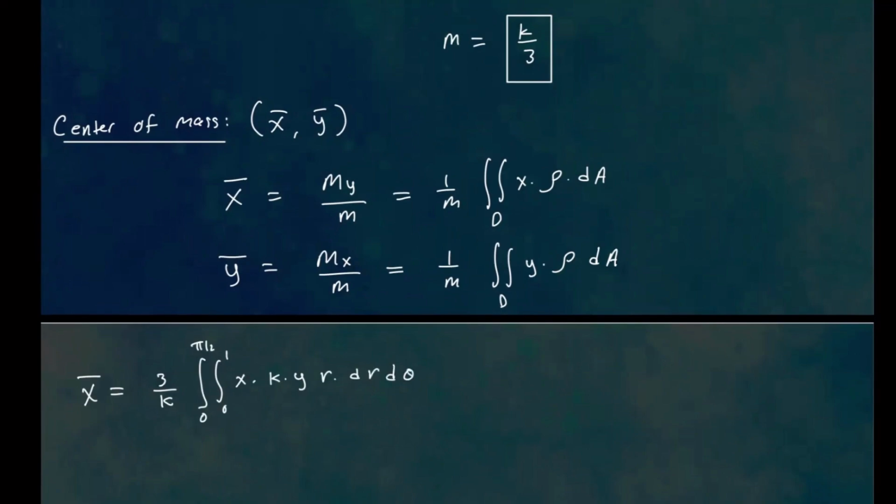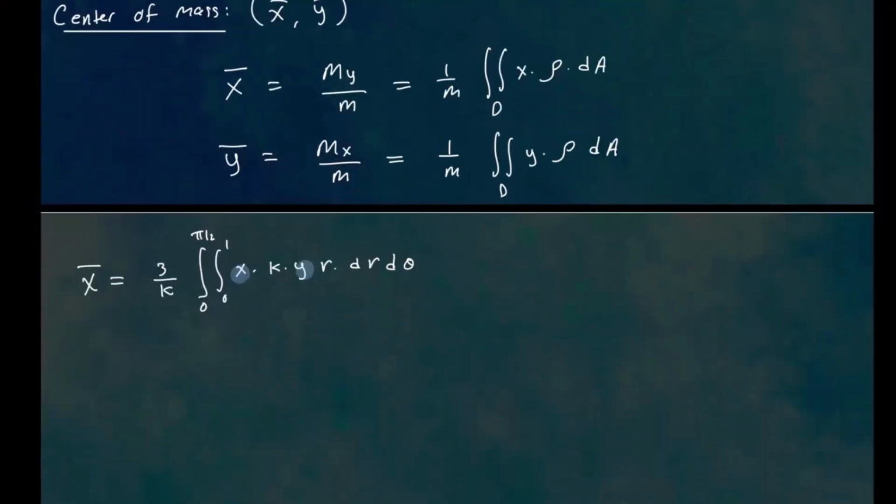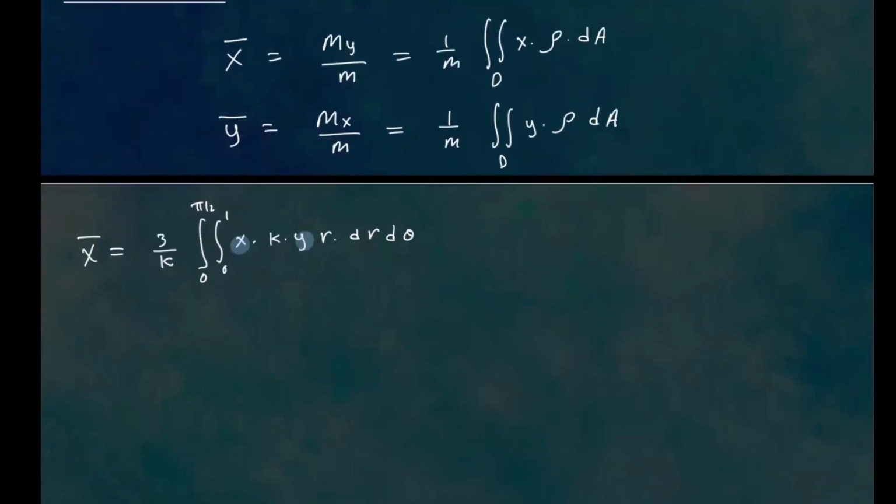Now I'm also going to replace these with their polar definitions. So we know x in polar is r cosine theta. Let me erase this. So we know this is r cosine theta. Y is r sine theta. Then we have k times r dr d theta.